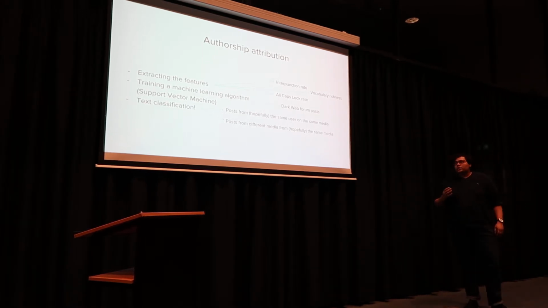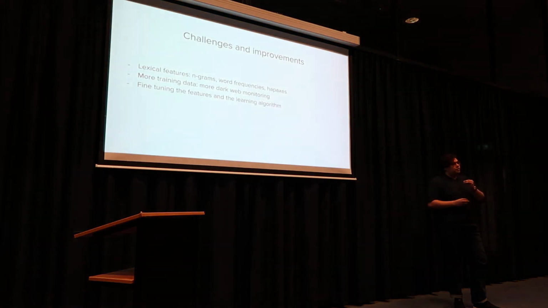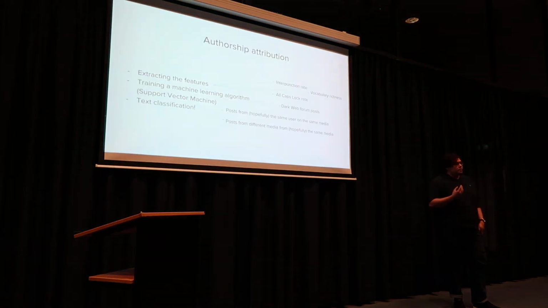There are a lot of things we can extract from these features to really identify these authors. We can use this to train a machine learning algorithm, for example a support vector machine, to identify these authors, verify that the authors from the black market websites are actually the same as on eBay, and also combine nodes, for example if you have a vendor with multiple usernames, to be the same person if you know they have the same style.